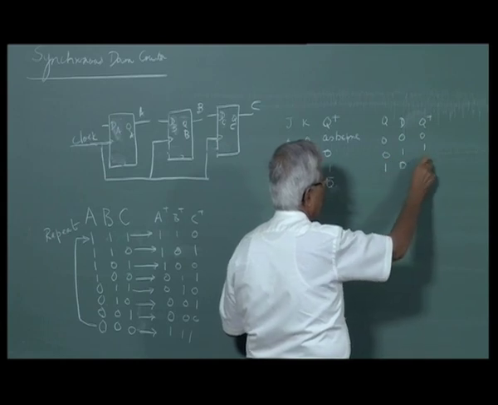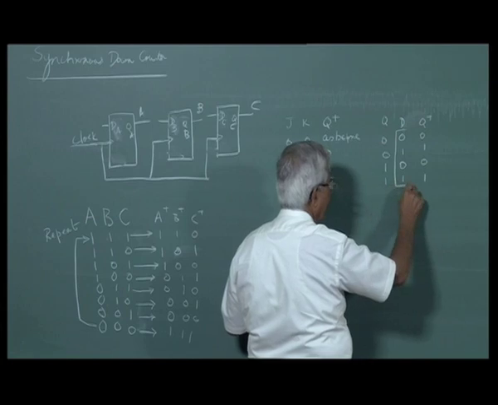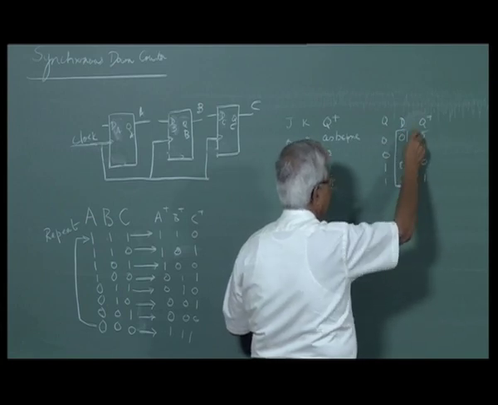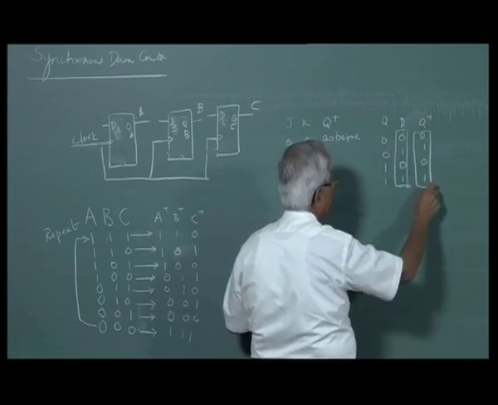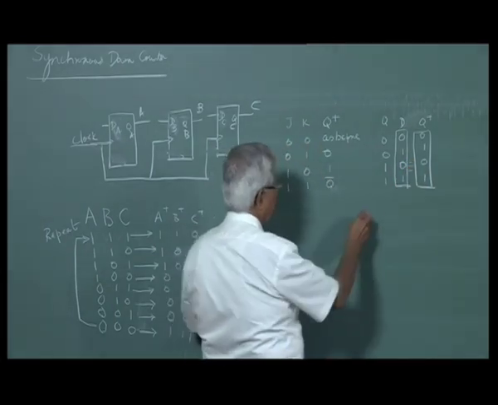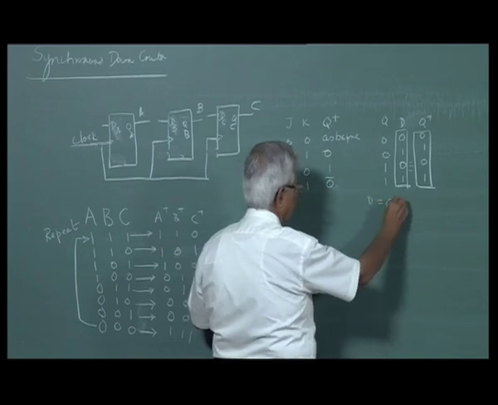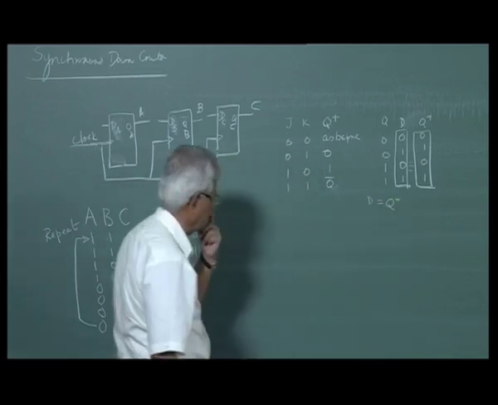That means the D value is the same as what we need next. These are identical, or Q plus is D. This is the characteristic equation.